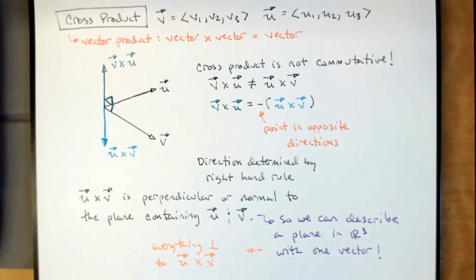Or if we just pick one vector and say everything that's perpendicular to this vector, if we're in R4, that leaves 3 dimensions left, so we're not defining a plane. Everything perpendicular to one vector will be a 3-dimensional subspace of 4 dimensions.